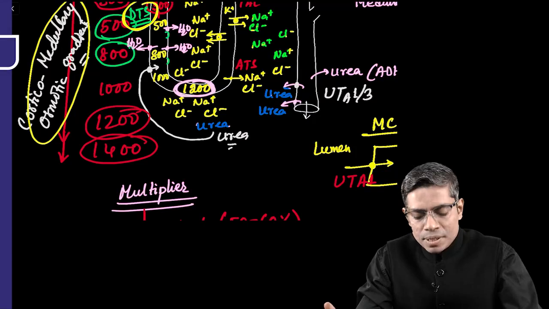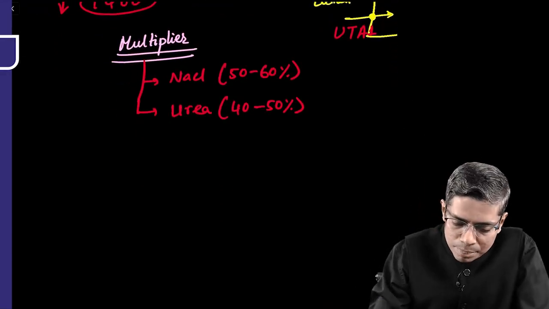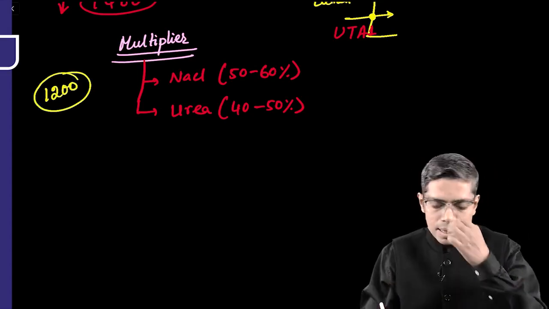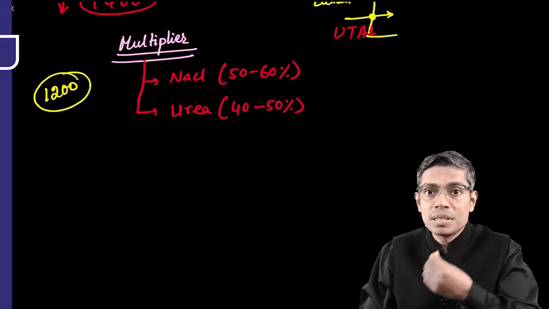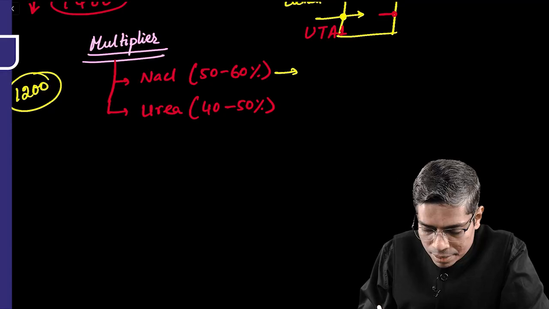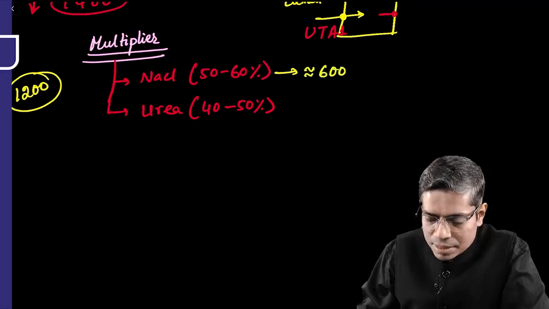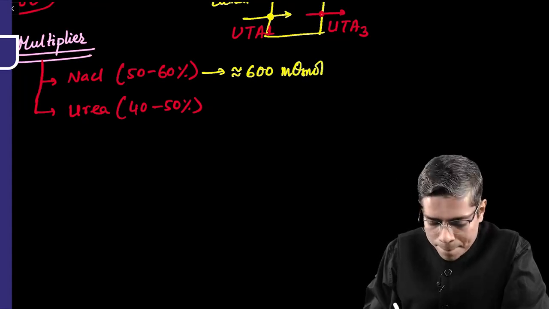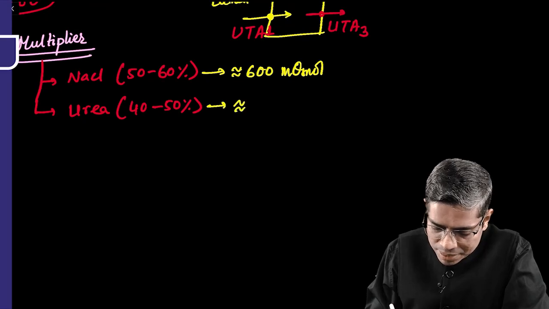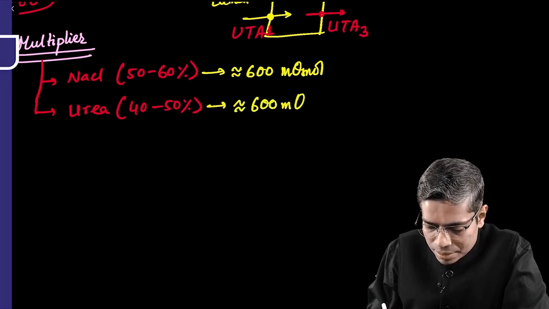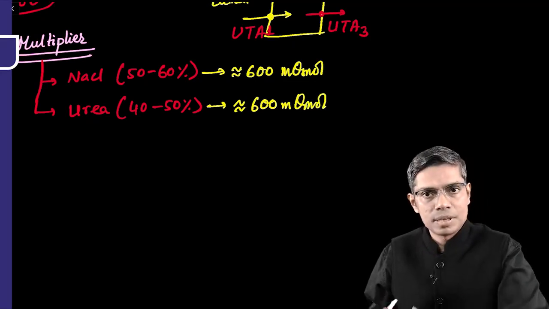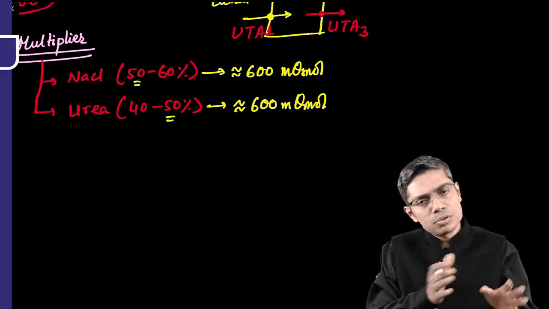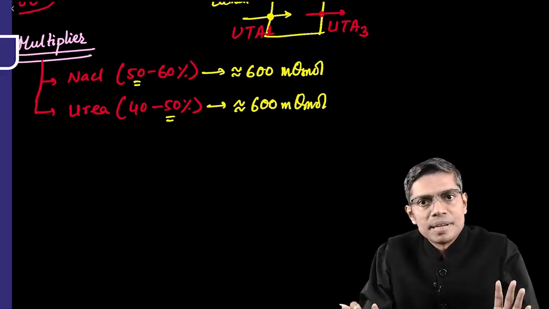Different books are saying different values, but the maximum tonicity that can be generated at the level of the medulla is 1200 to 1400. So if we assume that the medullary tonicity is 1200 milliosmol per liter, then I can understand that 50% of this milliosmol is due to NaCl, approximately 600 milliosmoles is due to sodium chloride, and another 50%, that is urea, is 600 milliosmol. That's why the total is 1200 milliosmol. I am taking that both of them are equally contributing, although sodium chloride is a little bit higher. Okay, fine.